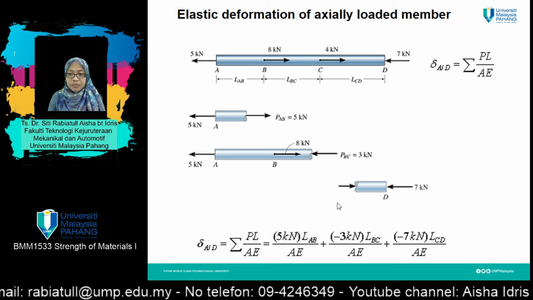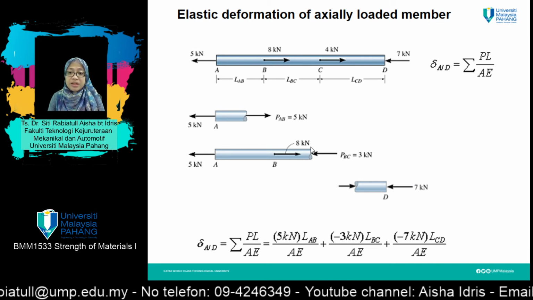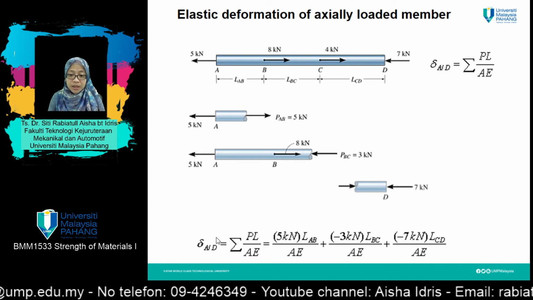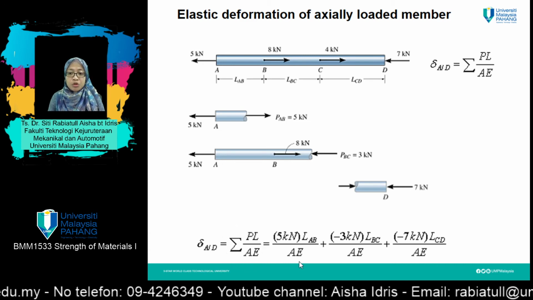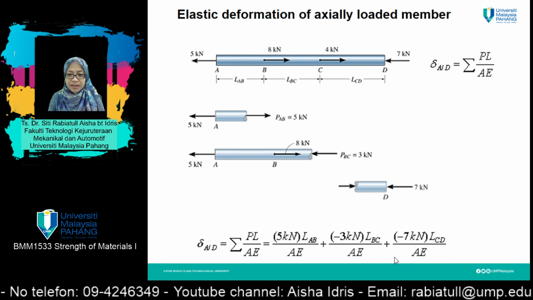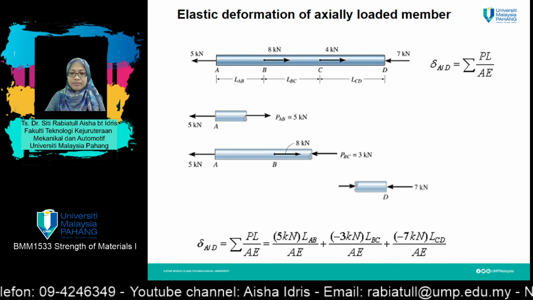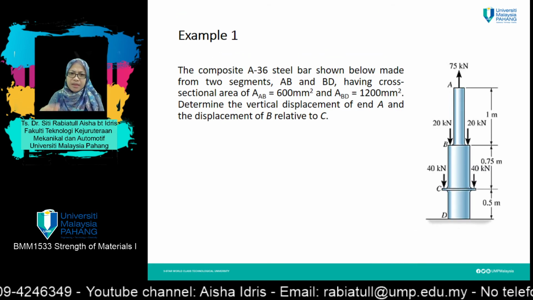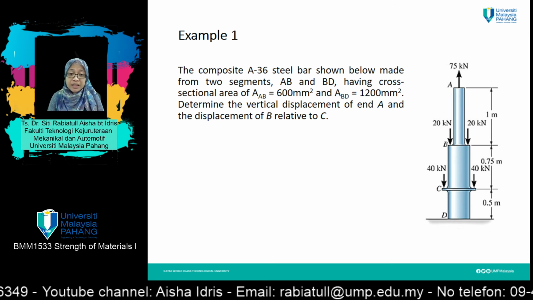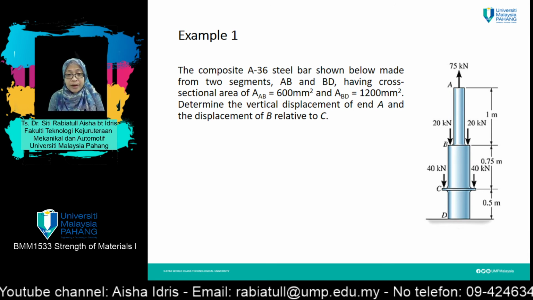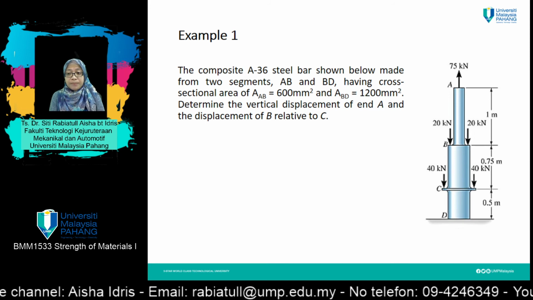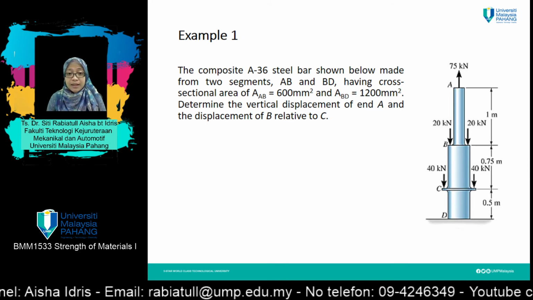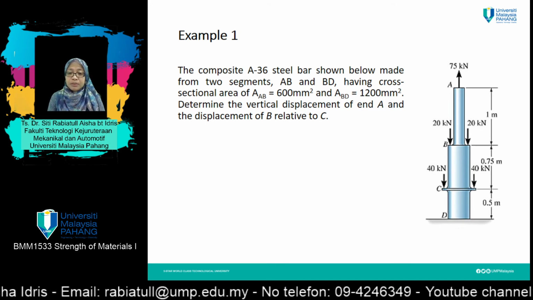After that, you summarize all the sections by putting them into this formula, so altogether you will get 3 sections. Maybe that formula is not really clear to you because there's no final value for that example, so let's look at our next example.